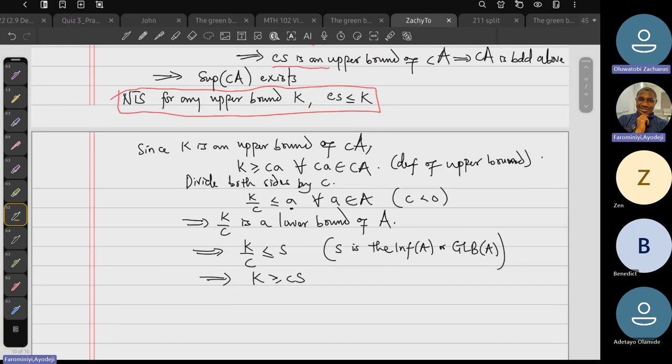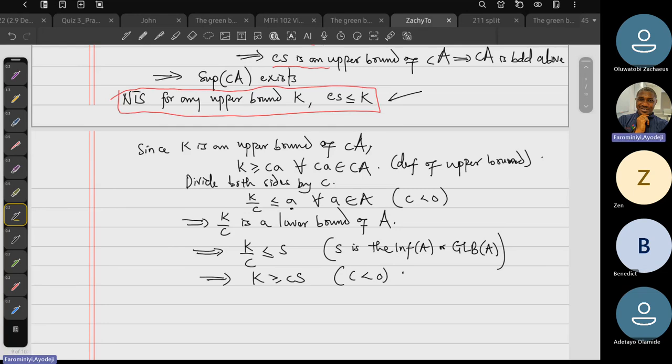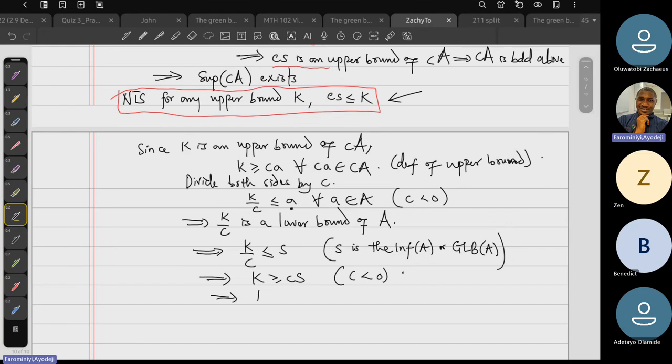Anytime you multiply by negative, the inequality changes, because C is negative. And that is exactly what we said we wanted to show. We wanted to show that K is greater than or equal to CS, or CS is less than or equal to K. These two things are the same thing.